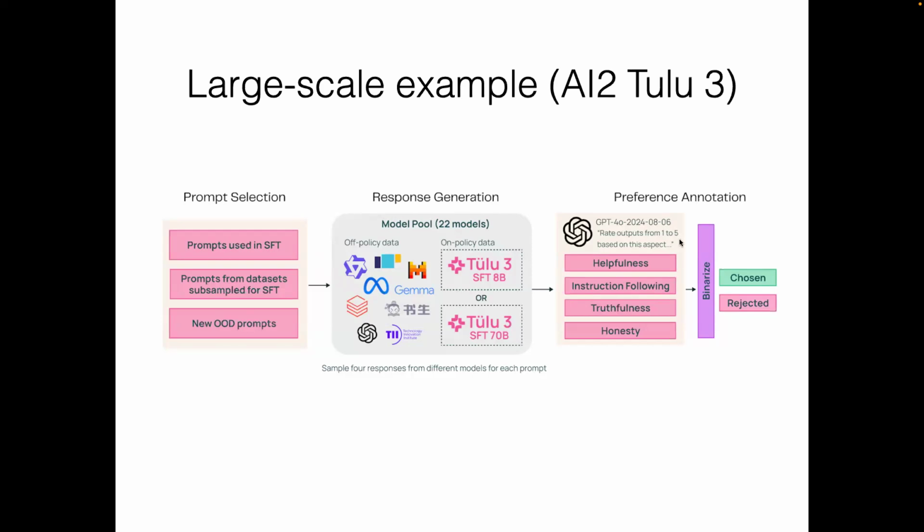And so here they were using this GPT model to actually do the preference annotations, because you could imagine that using the human data is probably too expensive for how much data they had. Okay, and then you could see here that it really just comes down to, is it chosen or rejected? So that's basically saying which one is better than the other one when you pair them together.